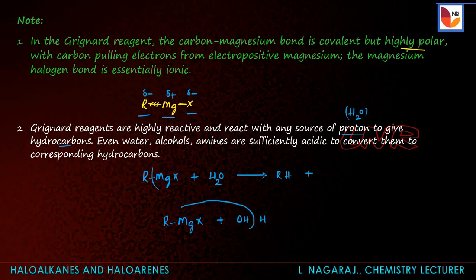So there is an elimination of Mg and OH along with the halogen. It is therefore necessary to avoid even traces of moisture from the Grignard reagent. On the other hand, this could be considered as one of the methods of converting halides to hydrocarbons.